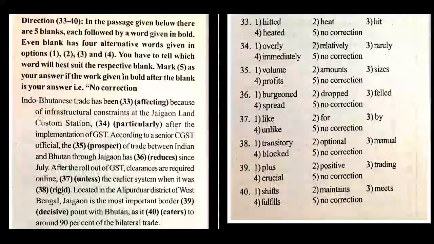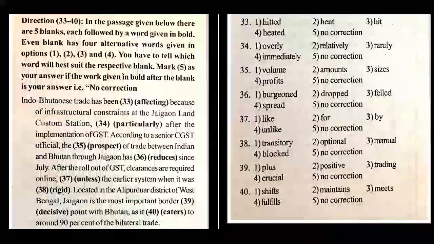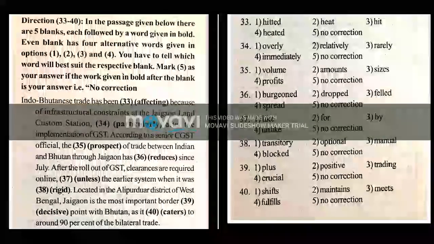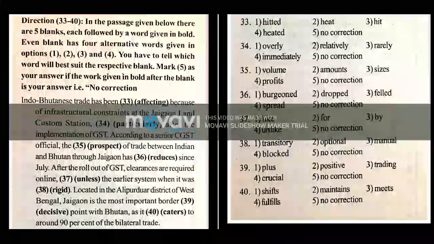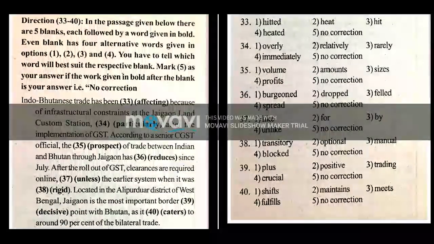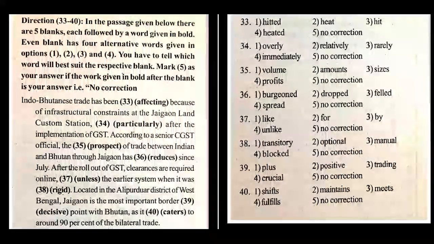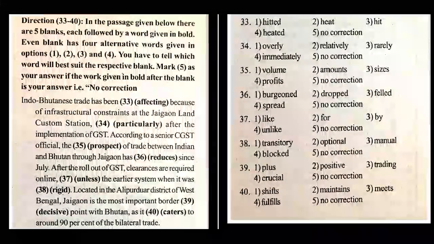Then prospect is eliminated because it carries a different meaning, though it is singular in form. So now we have to read. According to a senior CGST official, the volume of trade, volume here means mass or size of trade between India and Bhutan through Jaigan has dash since July.